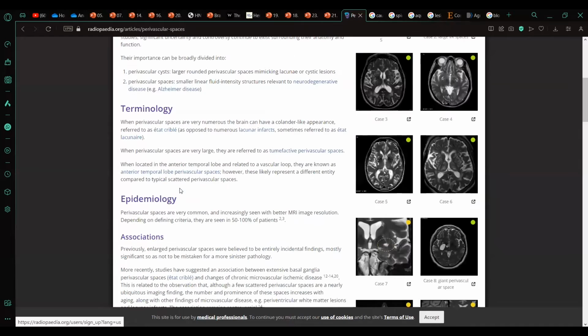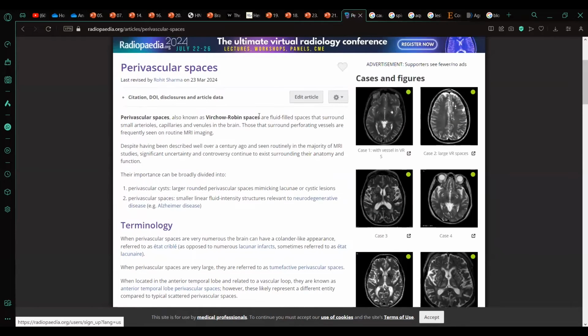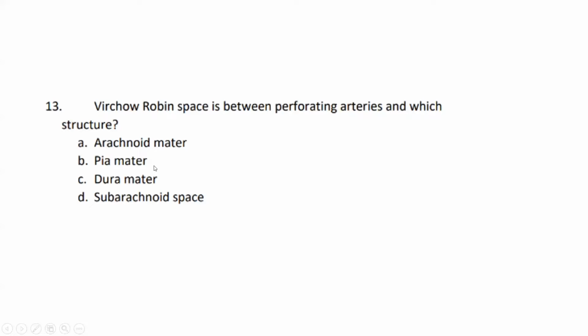Now the key thing here is that these will happen between the vessels and whatever's surrounding the vessels, right? Because they're in small arterioles, capillaries and venules that are inside the brain, the structure that's going to be around it is the pia mater, okay?